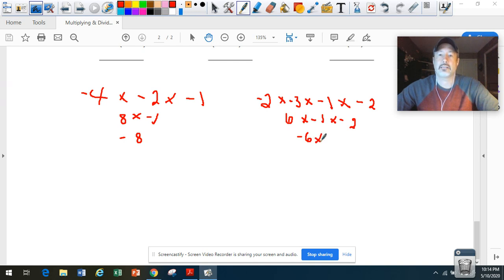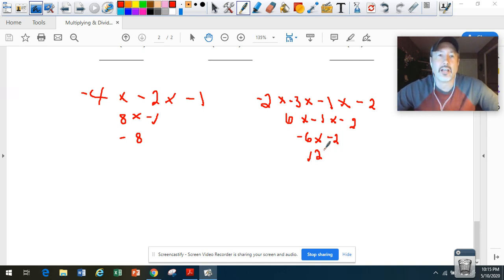Times -2 equals +12. How many negatives do I have in the first one? 1, 2, 3. And my answer is negative. How many negatives do I have here? 1, 2, 3, 4. I have 4 negatives, and my answer is positive.